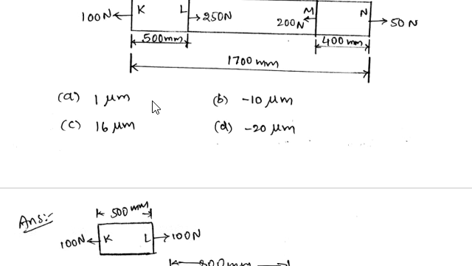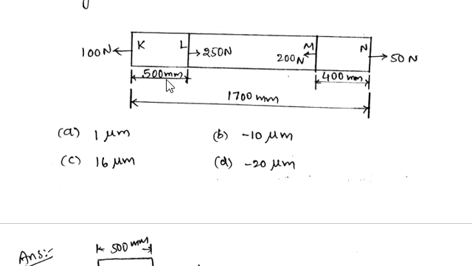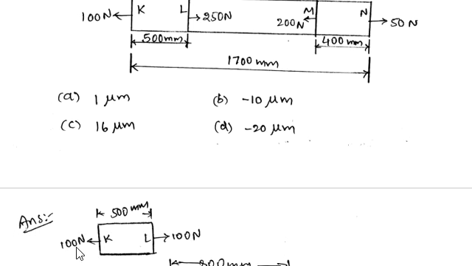See here, first of all, when you are dividing into individual segments, just take the load which is at a free section. Free section means, here if you see, L is a common section for KL and LM, and also M is common for LM and MN. So here the free section is K. So at the free section we have 100 newtons.